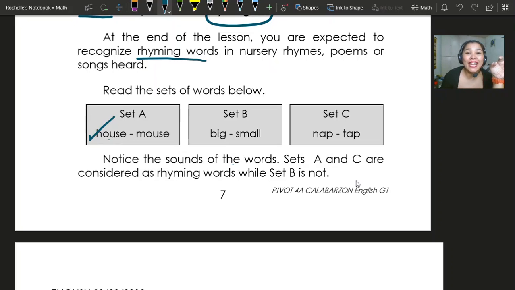So big and then small. So they are not the same, and then they don't sound the same. So it means these are not rhyming words. For set C, so we have nap, tap. So we are after the rhyming words, the end sound, so which is app. So therefore, set C is a pair of rhyming words.